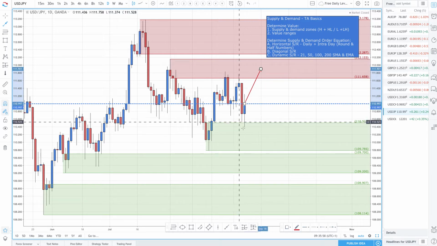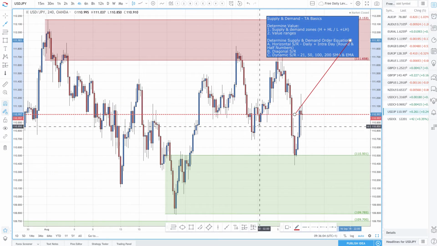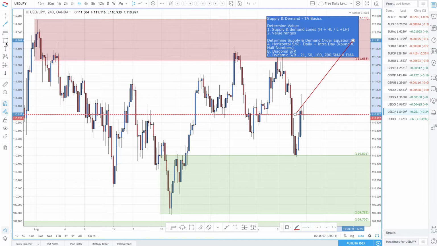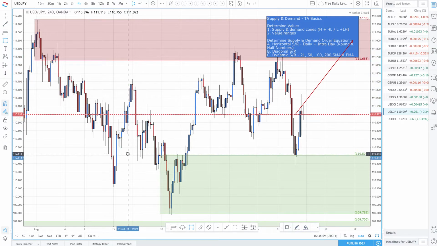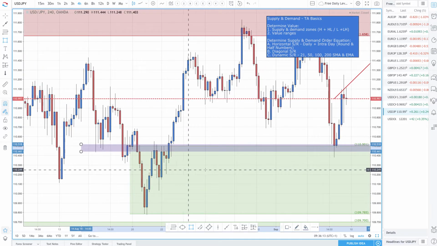And if you managed to get in pre non-farms, what you would do is zoom down into a lower time frame and look for potential horizontal support and resistance zones within the demand zone.